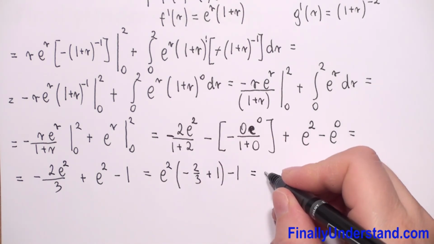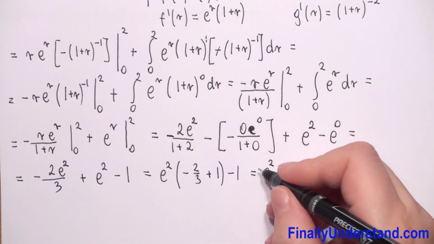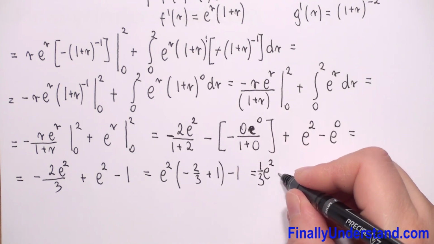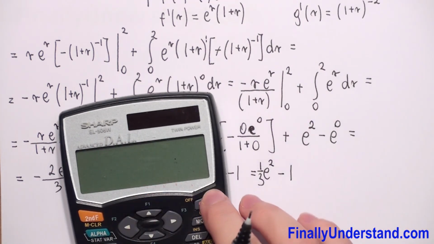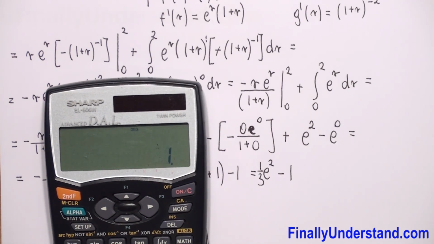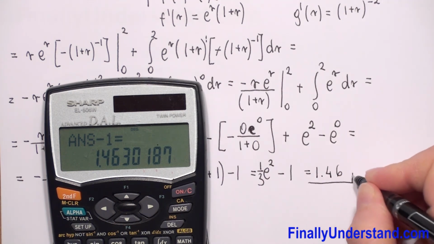So this is equal to e to power 2 times negative 2/3 plus 1, which will be 1/3. So we can put in front 1/3 e to second power minus 1. Now you can use a calculator and find this value. We have 1 over 3 times e to second power minus 1. So this is equal to 1.46. This is my solution.